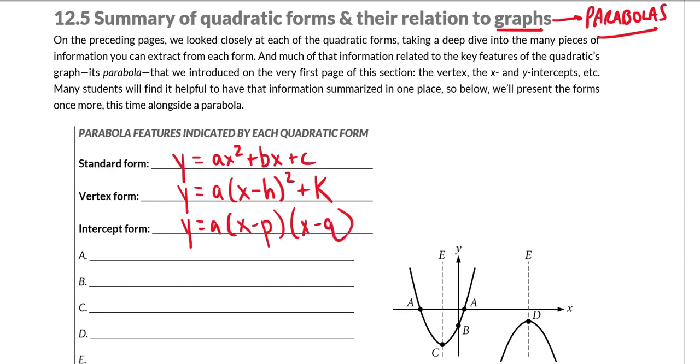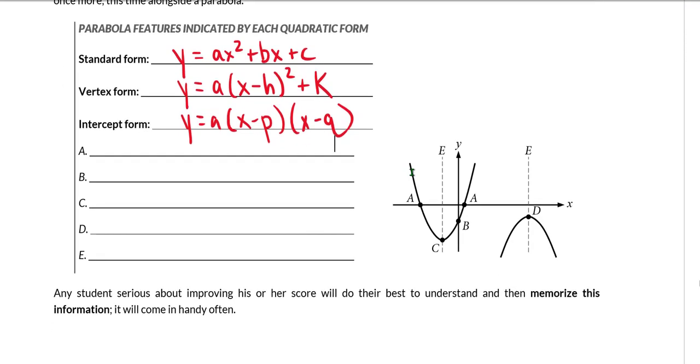Now, in terms of these parabolas that we have over here to the right, for point A, we're going to write down that, of course, those are our x-intercepts. Recall that x-intercepts are synonymous with the zeros.